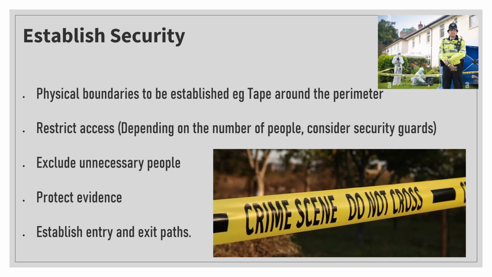We exclude unnecessary people from the crime scene because they will contaminate it. You protect evidence by limiting the number of people in the crime scene. You also have to establish entry and exit paths so that you won't contaminate evidence in the crime scene.